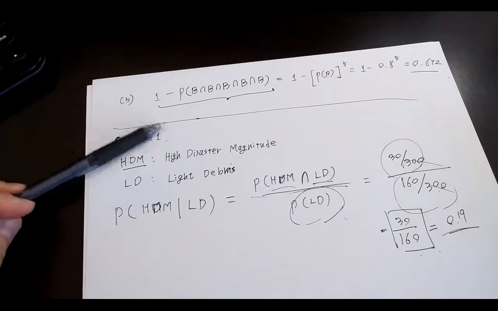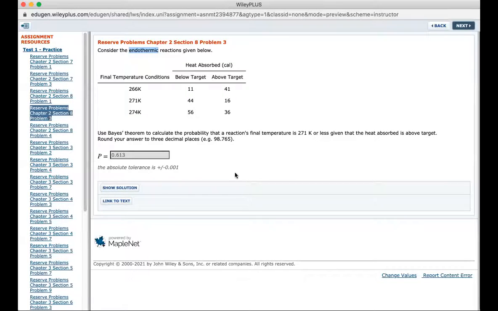So now let's move to the next problem. This is a visual problem, chapter 2, section A, problem number 3. Consider the endothermic reactions given below. See the table right there.